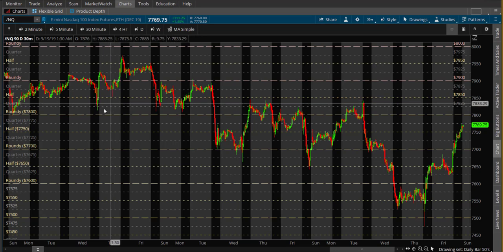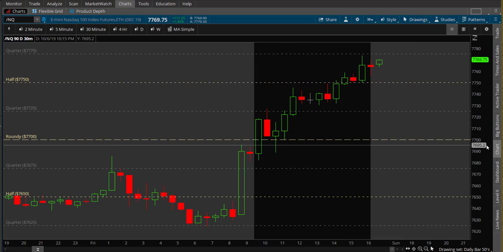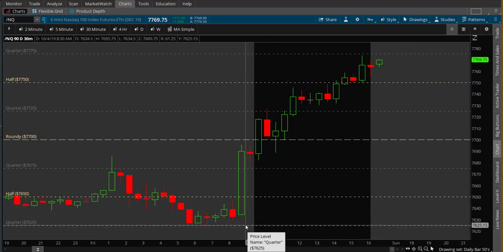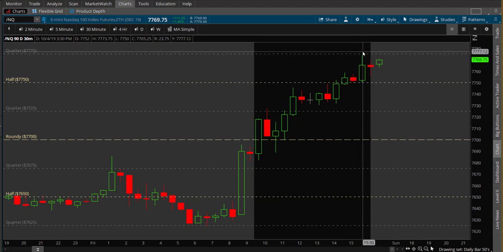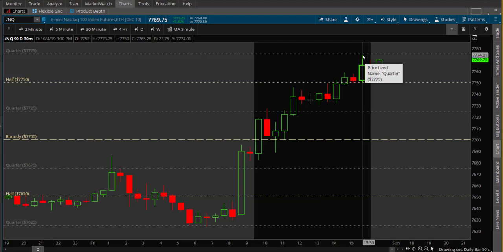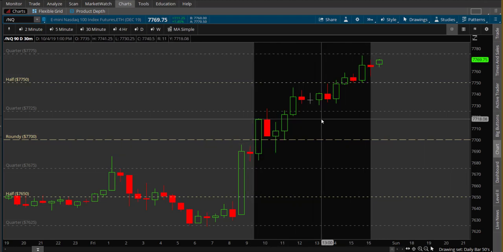All right? We're not looking for 4 points. We're looking for 25 points, for 50 points, 100 points. And that is not an unreasonable expectation. Friday's trade right here, I'm going to zoom in. We went from 76.25 to 77.75. Okay, that's a 150-point move in the market in one day.